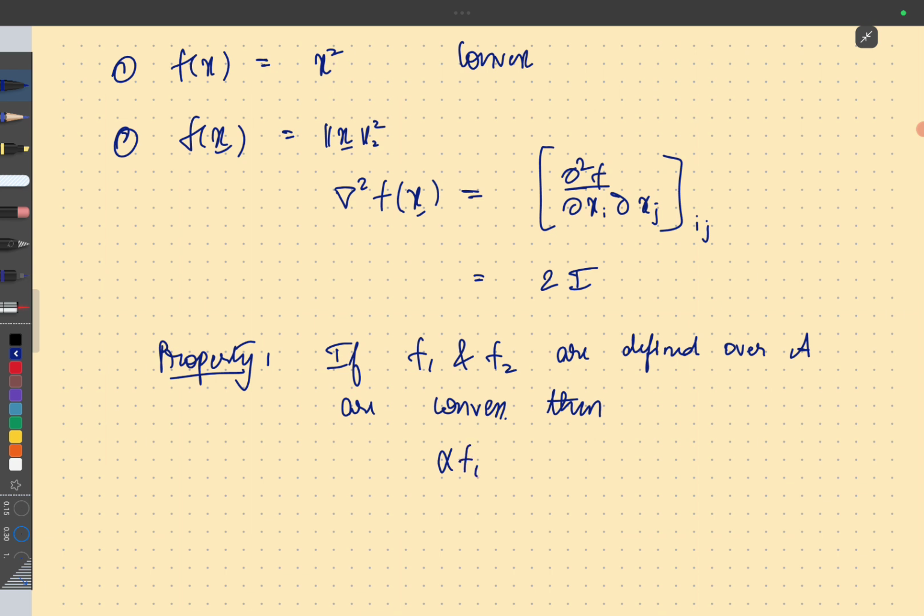Then alpha f1 plus beta f2 is also convex for alpha, beta greater than 0.